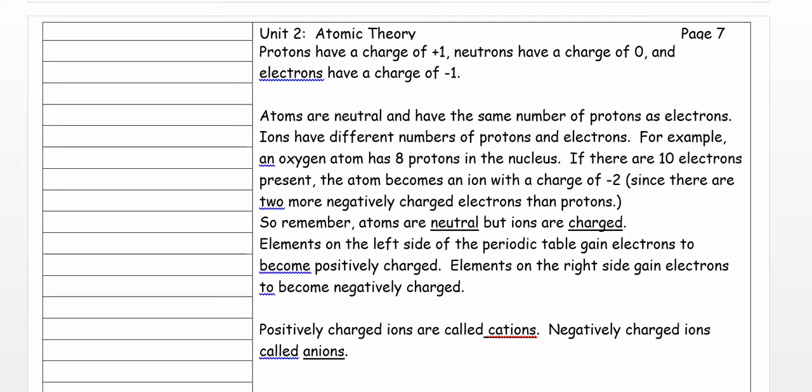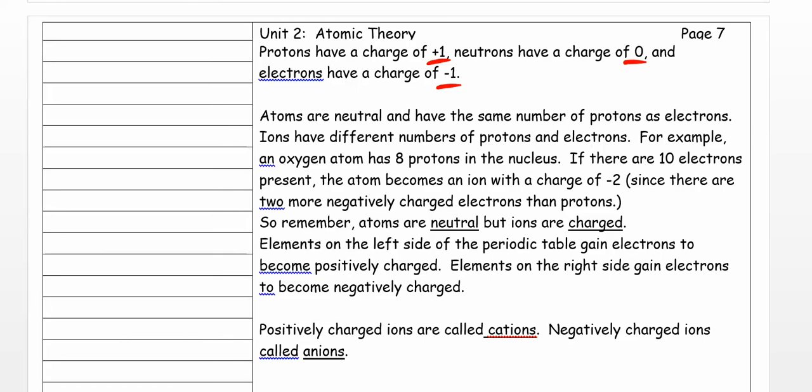Now, protons have a charge of +1, and neutrons have a charge of 0, and electrons have a charge of -1, right? So once again, protons +1, neutrons 0, and electrons -1. Atoms are neutral and have the same number of protons as electrons.